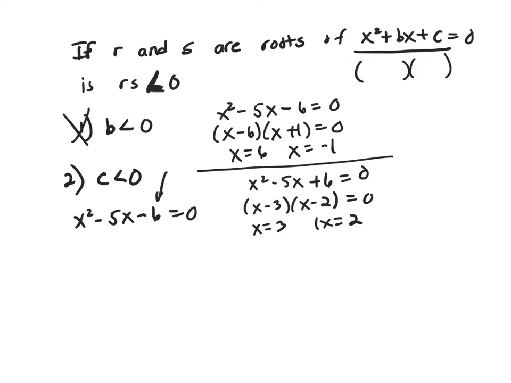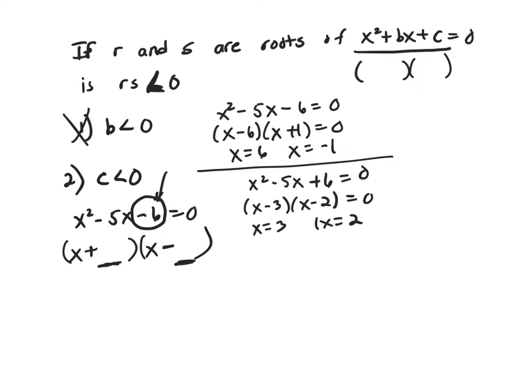So C is negative. And when you try to factor this, you know this is going to be x and x. And this spot times this spot has to give you negative 6. What's the only way you can get a negative 6? That means one's got to be positive and one's going to be negative.